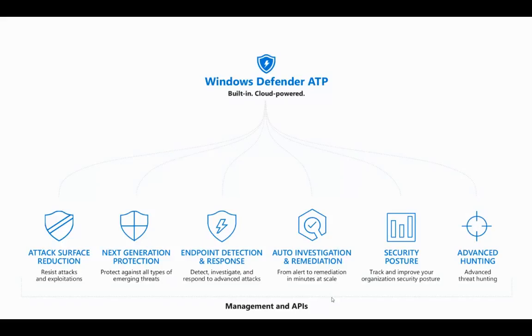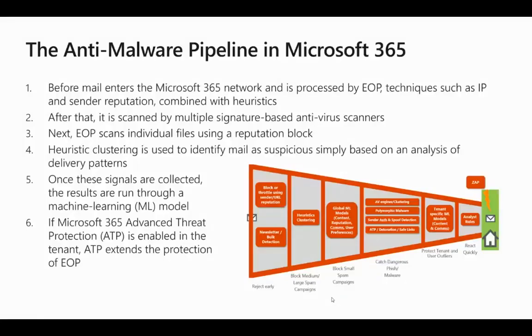Also, it provides next generation protection where behavior analytics will analyze how the threats are hitting our environment, and it will restrict them from repeating again. So that's how Windows ATP will help you to protect from external threats, I would say.